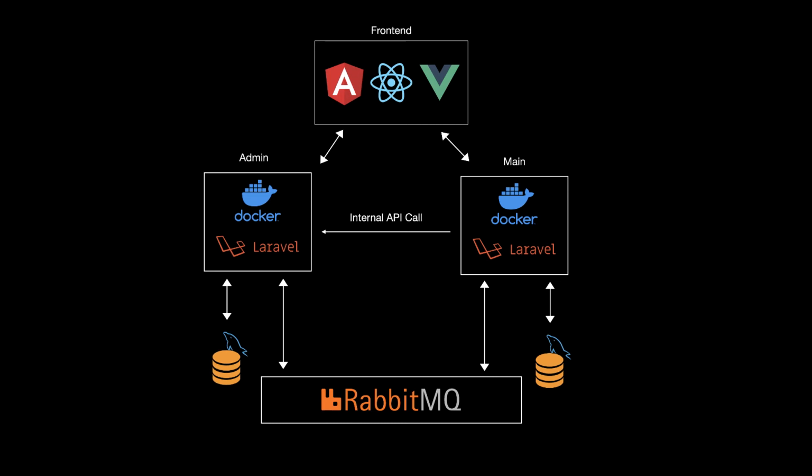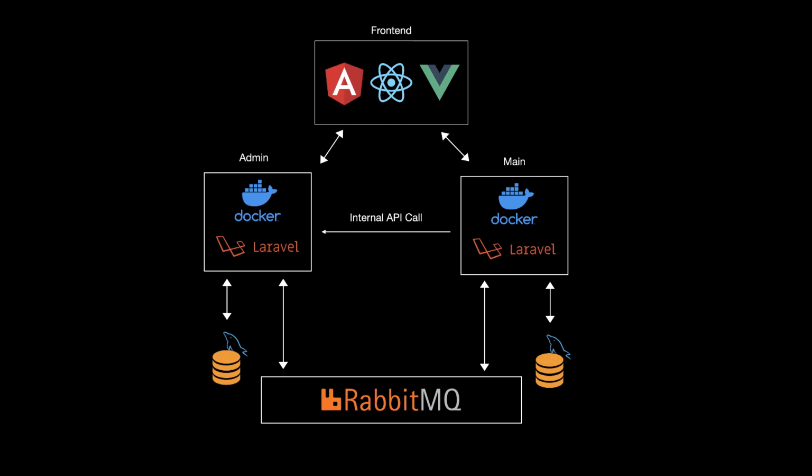Hey guys, in this tutorial we will build a simple microservices example with Laravel. The frontend of this app will be built on Angular, React and Vue, so you can pick your favorite there. As for the backend, we have two Laravel apps, admin and main, where they have their own database with different data.